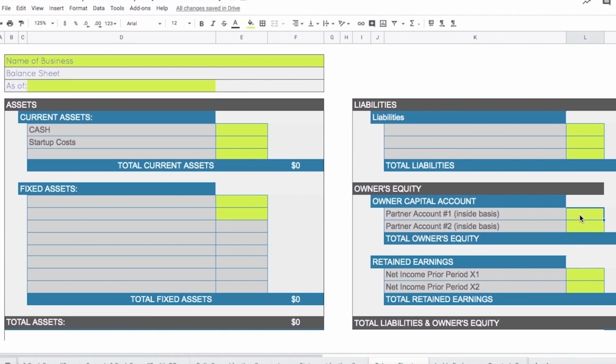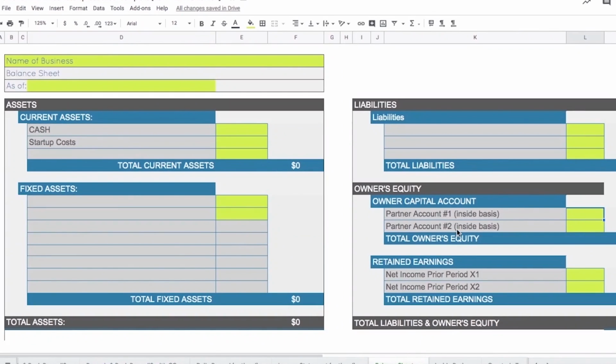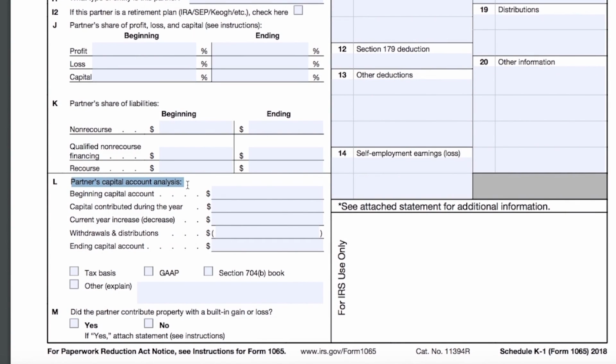So the capital accounts essentially account for increases to the bank account, anything that the business owner is putting in and anything the business owner is taking out. And that's what the capital account is. However, if we flip back to our Schedule K-1, we have the partner's capital account analysis. And so this is essentially coming from the accounting records, that partner's capital account.